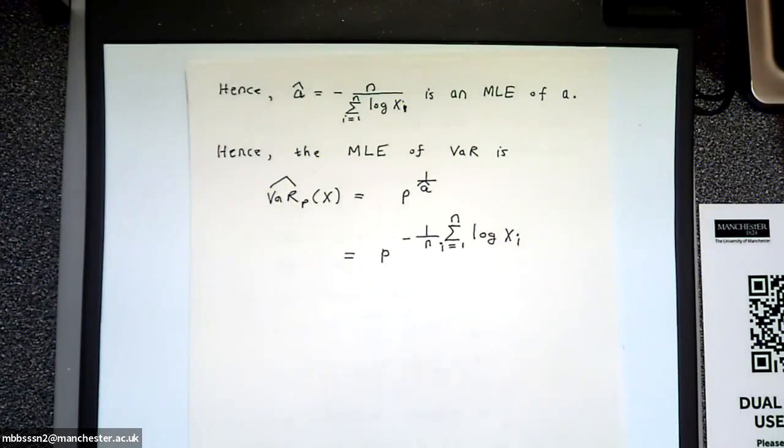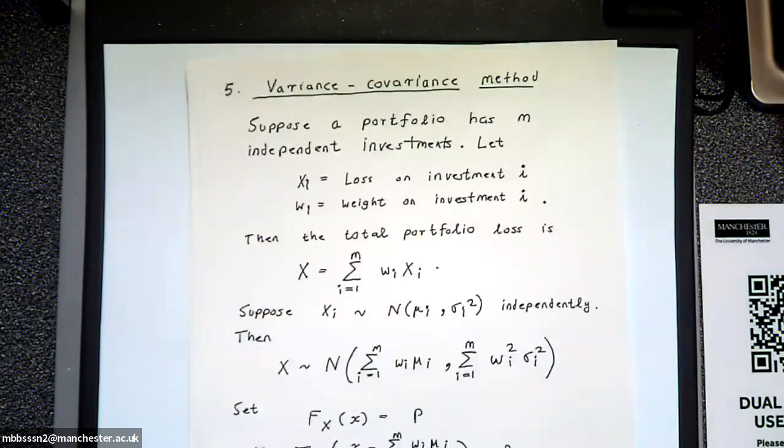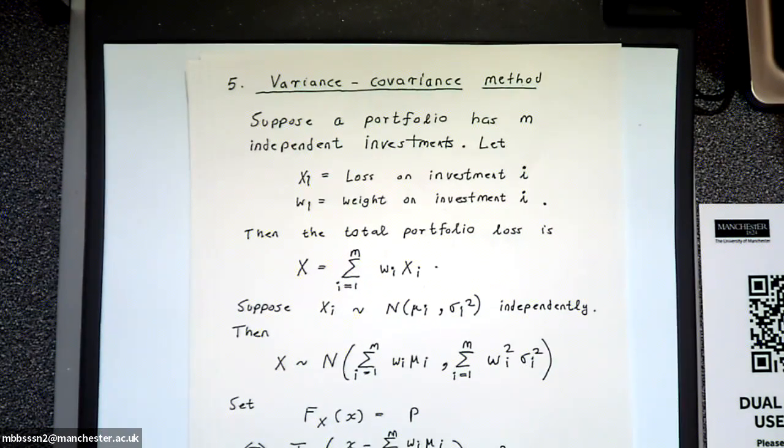The fifth parametric method is known as the variance covariance method. In this case, you have a portfolio with M independent investments. Suppose Xi denotes the loss on investment i and Wi denotes the weight on investment i, because some investments may be more important than others.